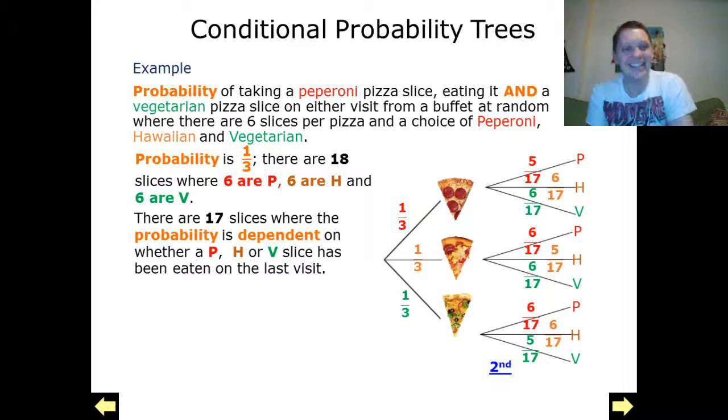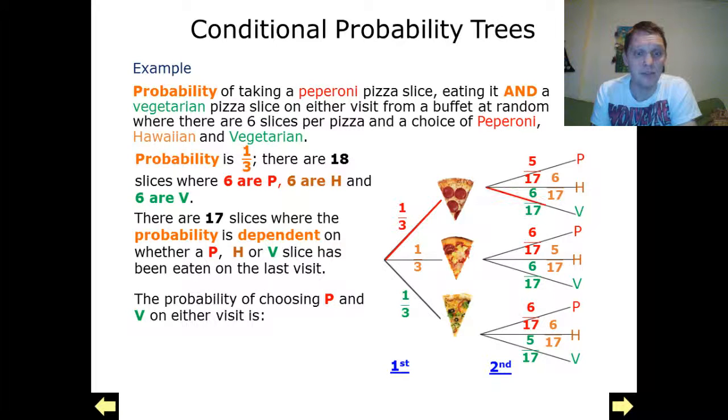But we could have a slightly different one where we could actually choose a pepperoni and a vegetarian on either visit. So a bit more of a complex idea, but we are using the exact same notion. So we've got the probability of taking a pepperoni and then taking a vegetarian, which will give me that outcome.